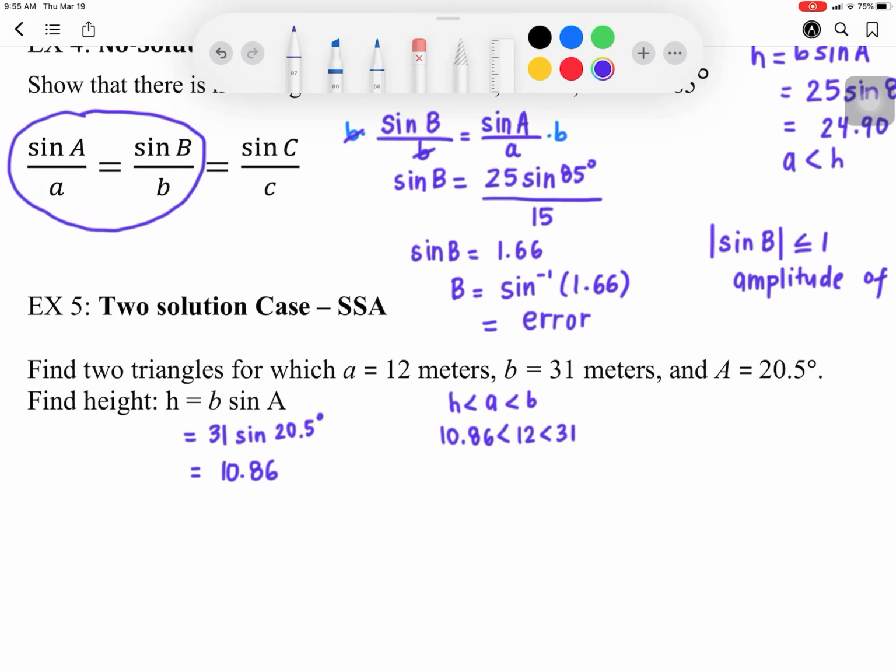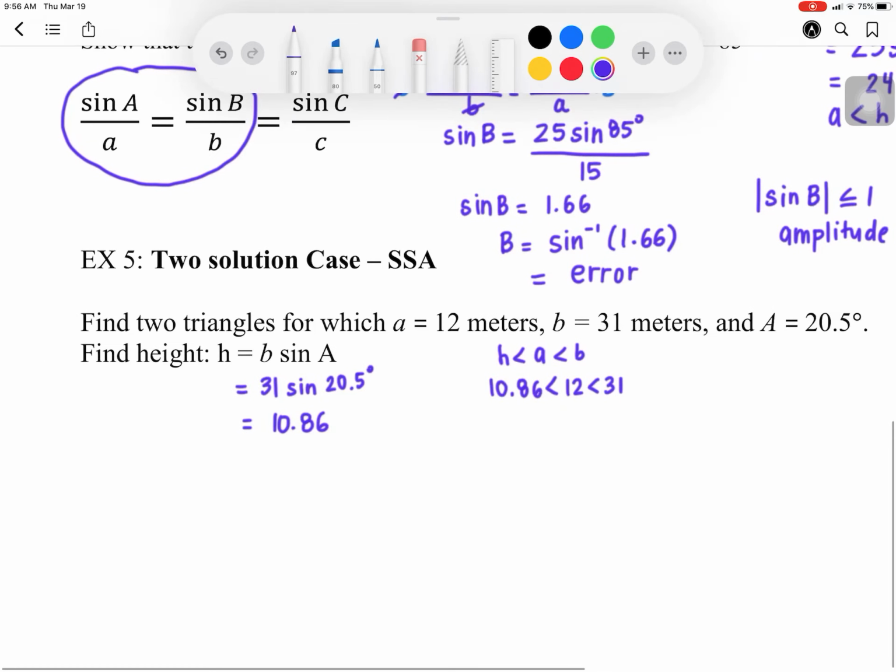So let's just try to find all the remaining missing sides and angles. I'm going to find angle B first. So I'm going to go sine of angle B over little b is equal to sine A over little a. Go ahead and multiply both sides by little b.